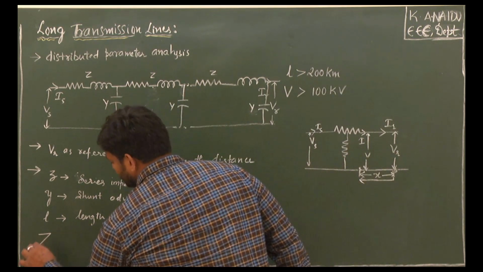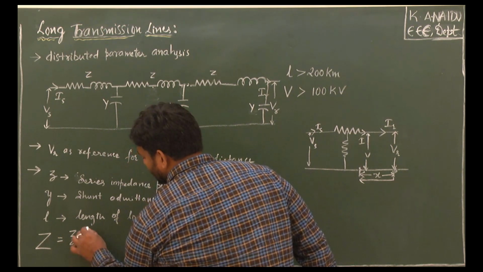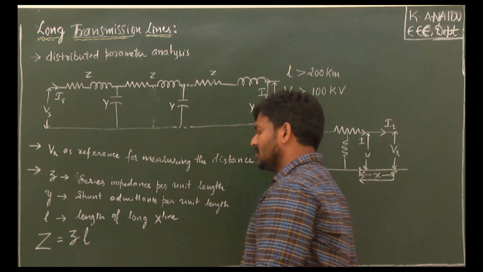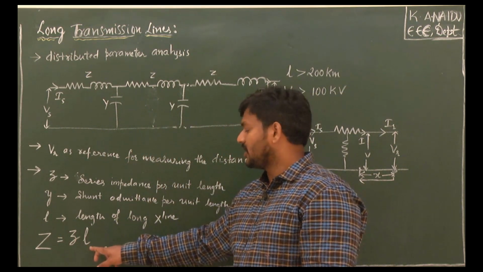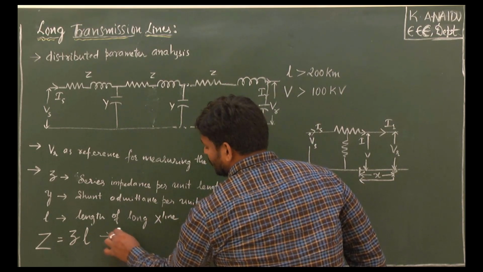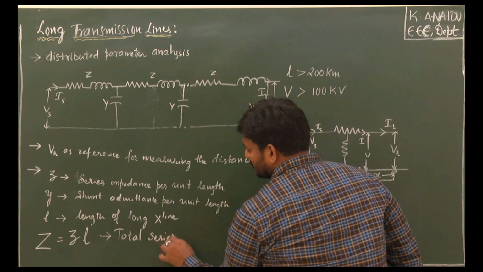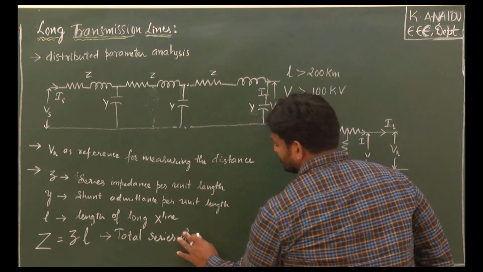Now capital Z is equal to small z multiplied by length, that is impedance per unit length multiplied by length of the transmission line, which gives the total impedance of long transmission line.